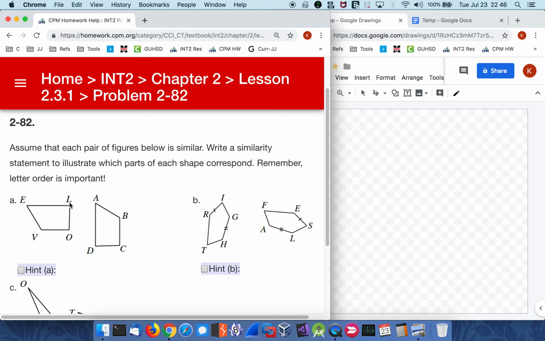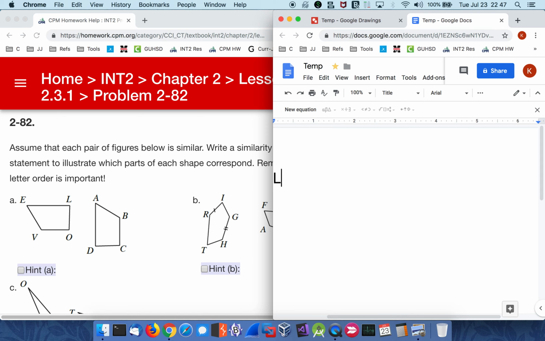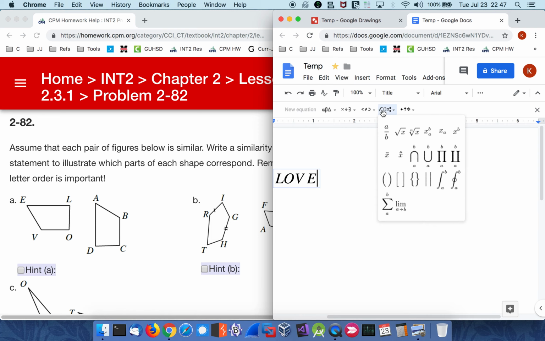So LOVE is similar to something, but it's not going to be ABCD, because L to A and then A to B and L to O are not the same, right? So we can't really write LOVE and then the symbol for similar, which is a little wavy line, I think.